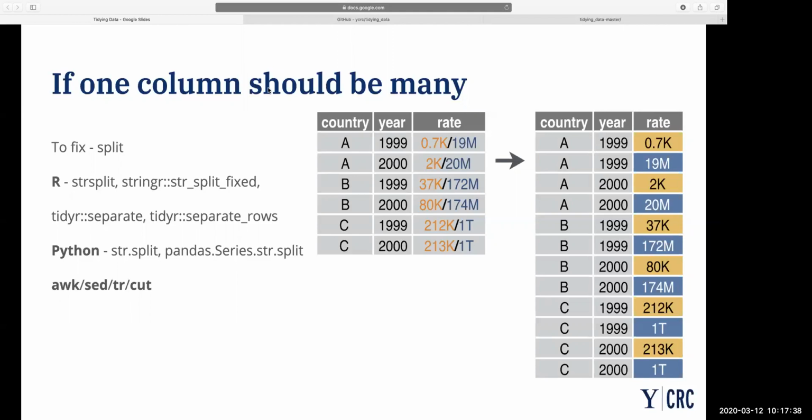And in R, you would use either just the standard library string split, or tidyverse provides a few different ways to take a single column and separate it out into its components. In Python, you could use the string.split function, or pandas exposes this functionality in the Series.str.split function.